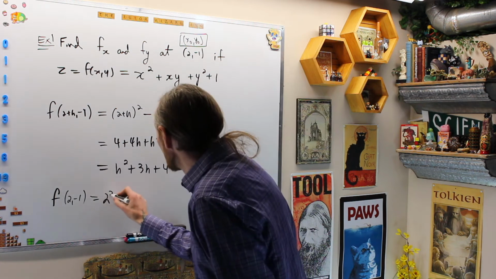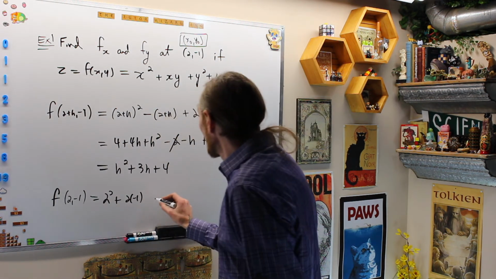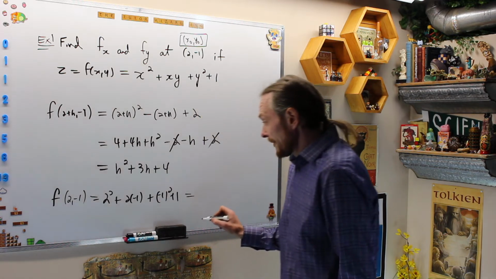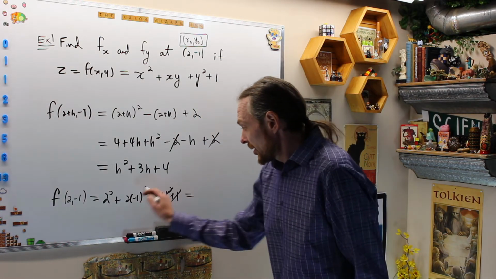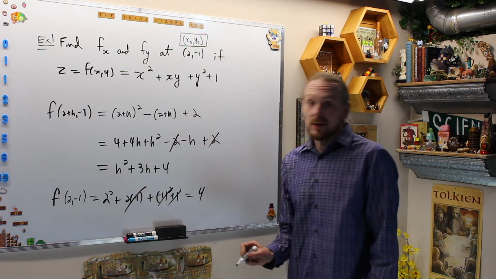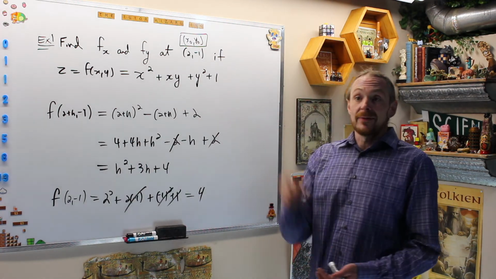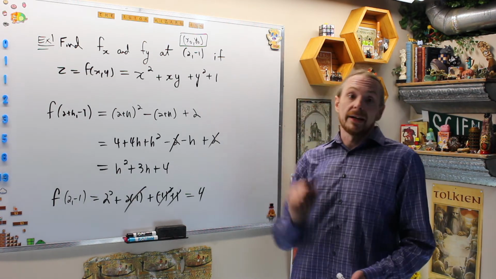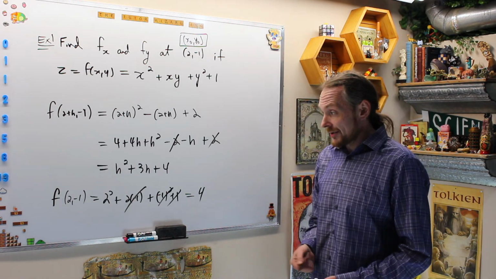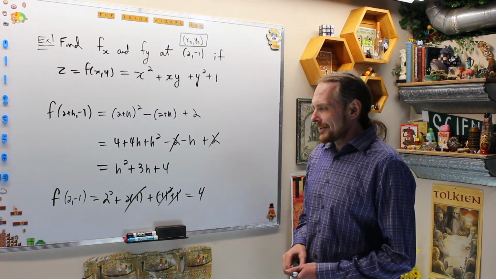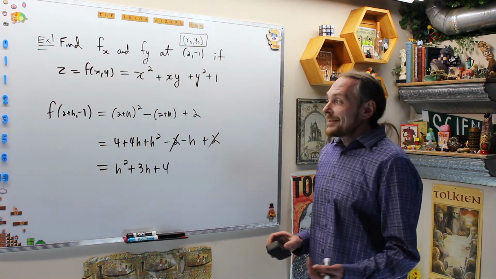This gives me 2 squared plus 2 times negative 1 plus (negative 1) squared plus 1, which is negative 2 plus 2 gone, which is 4. Those are going to cancel. Anything without an h term should cancel. You factor h out. H goes to 0. We have our ordinary definition of derivative. Thank you, Newton. And Leibniz, I guess. Now that we have those pieces, what are we going to do?